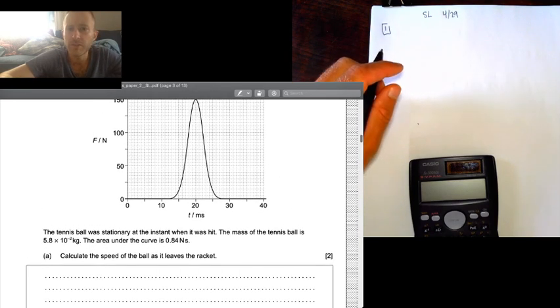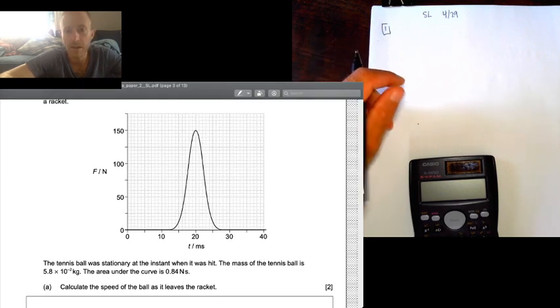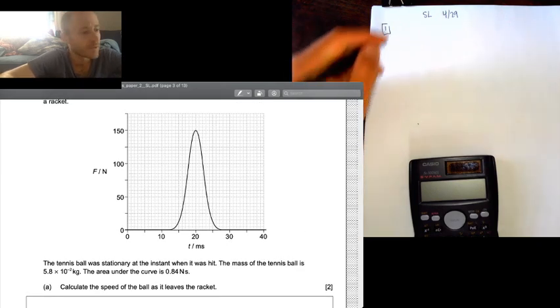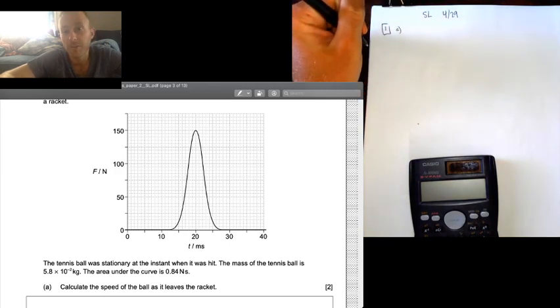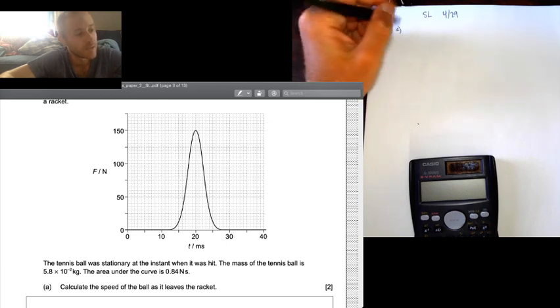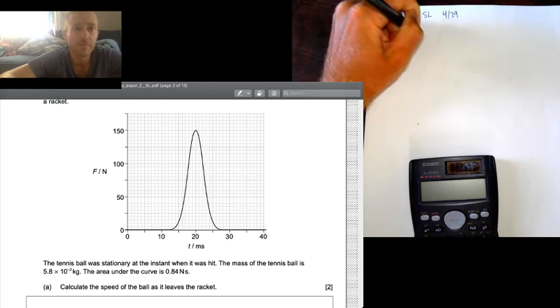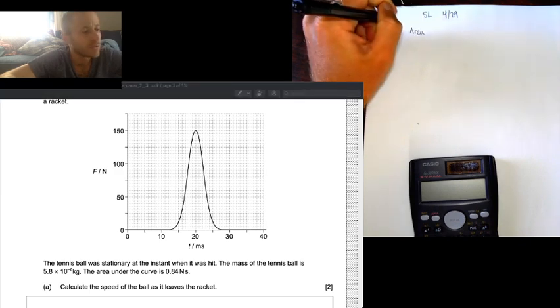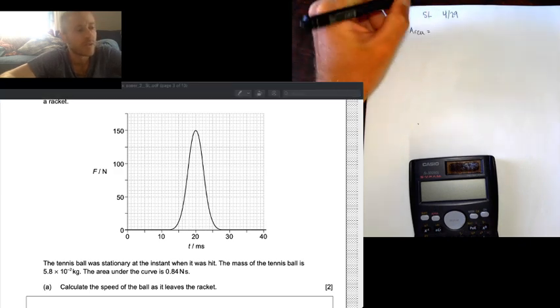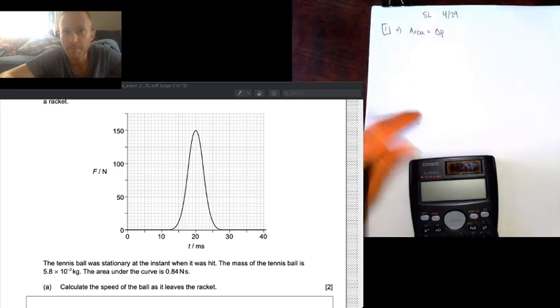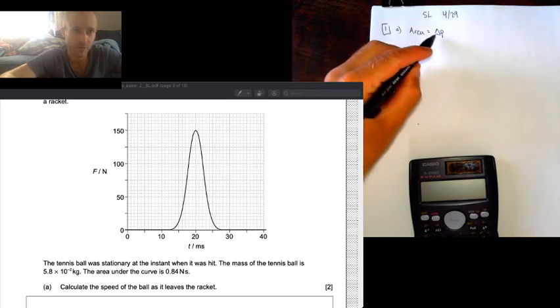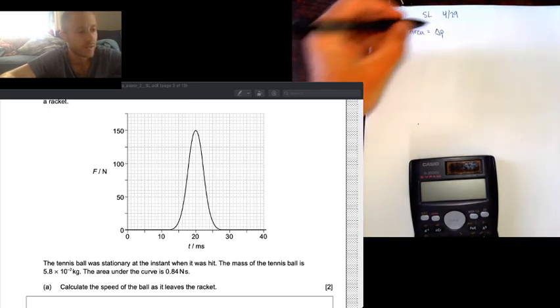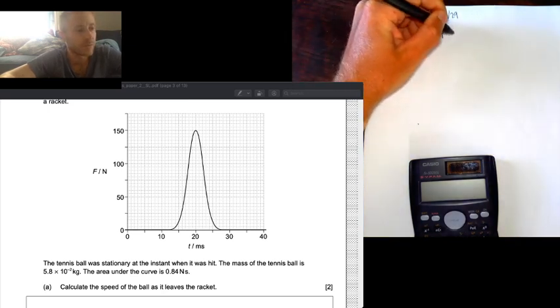So this is a force-time graph, and the area under a force-time graph is change in momentum. It's called the impulse. So basically area equals change in momentum. Because the ball started at rest, the initial momentum is 0, so the change in momentum is just the final momentum, mv final.